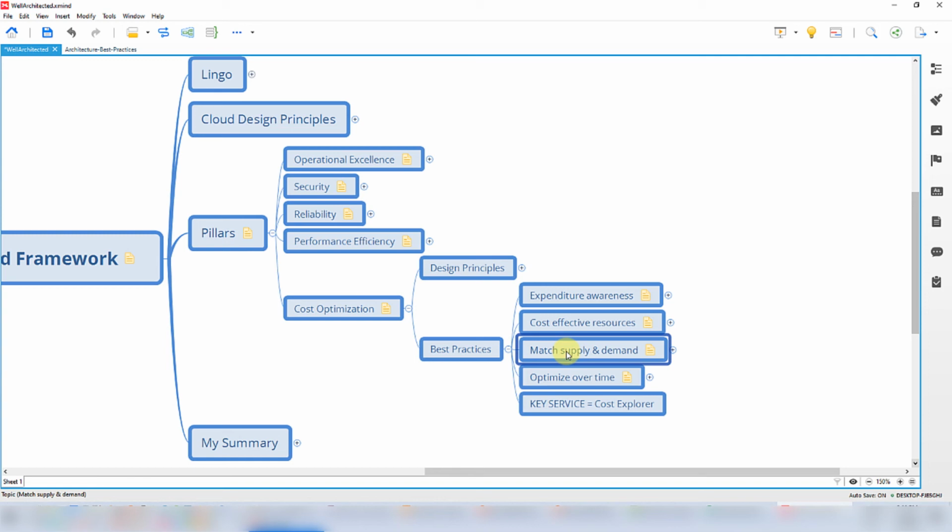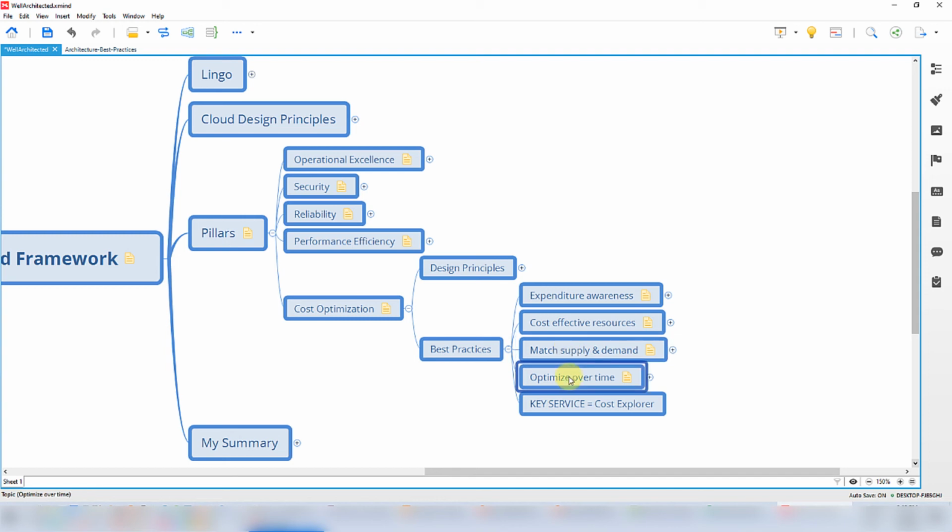That is, the resources used should be matched with the demand for the resources. Use auto-scaling to avoid over-provisioning, which causes wasted resources, or under-provisioning, which causes degraded performance and increases operational costs. The auto-scaling can be based on demand, it can be schedule-based, or it can be buffer-based.